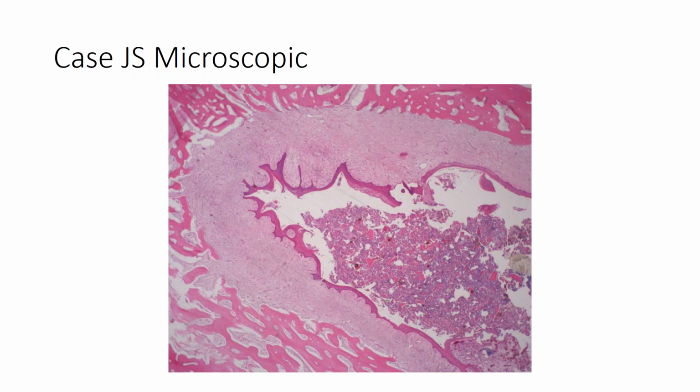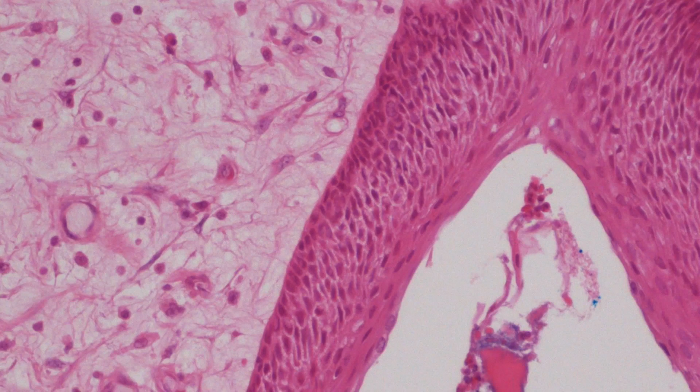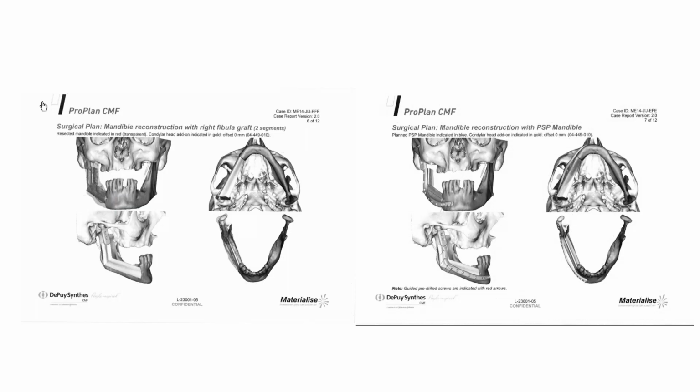And histopathology, much like the biopsy, but a lot easier to see, I suppose, and it's well-defined parakeratinized epithelium with cystic spaces containing keratin. That's what we did.